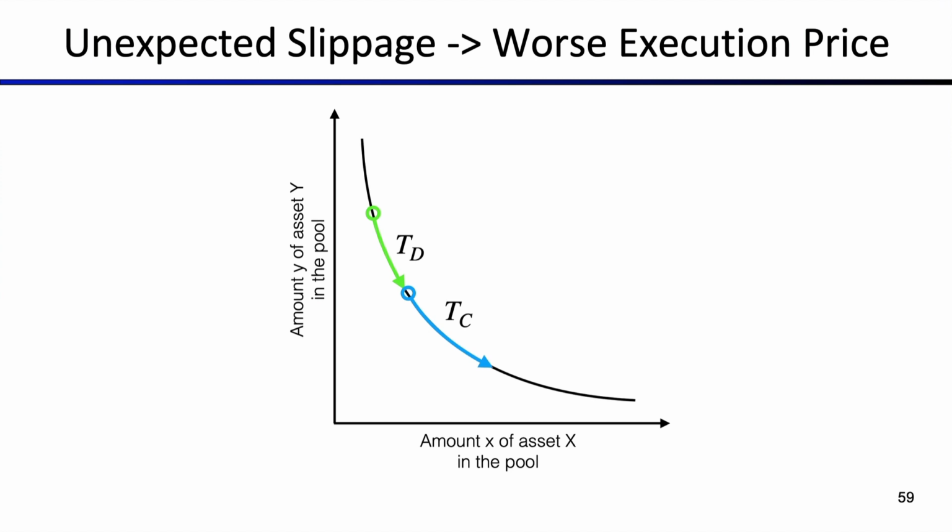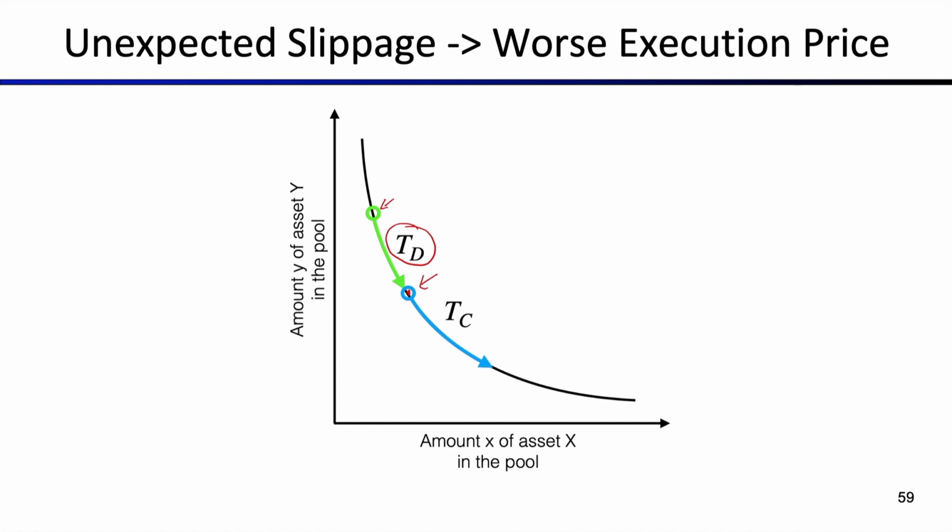Now what can happen is that you can have some transaction that front runs you, whether it's a benign front run or malicious front running, and suddenly your transaction is executed at this point, or starts to be executed at this point of the curve instead of the other point on the curve that you anticipated earlier.